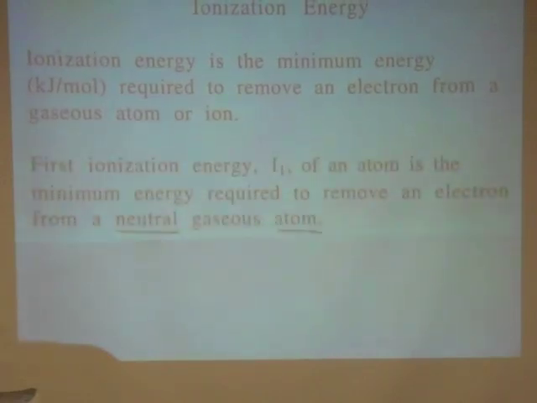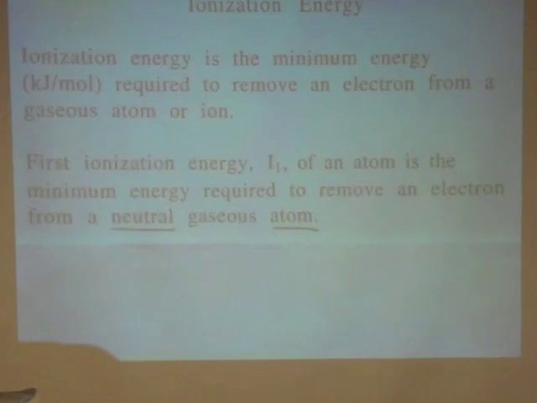So first, ionization energy, and we abbreviate that as I sub 1. The first ionization energy of an atom is the minimum energy required to remove an electron from a neutral gaseous atom.